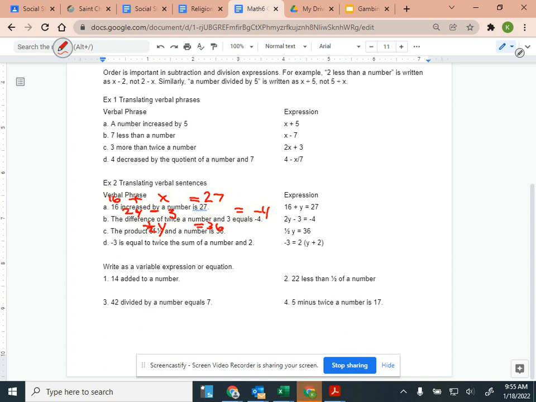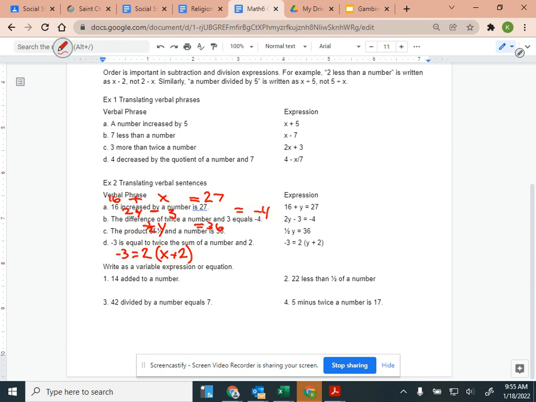And -3 is equal to twice the sum of a number and 2. So we want 2 times the sum of the number and 2. Sometimes we're going to have to use parentheses. So we have the number and 2, that's the sum, and then we needed to multiply it. We needed to find twice. If you're finding twice something, you're multiplying it by 2.